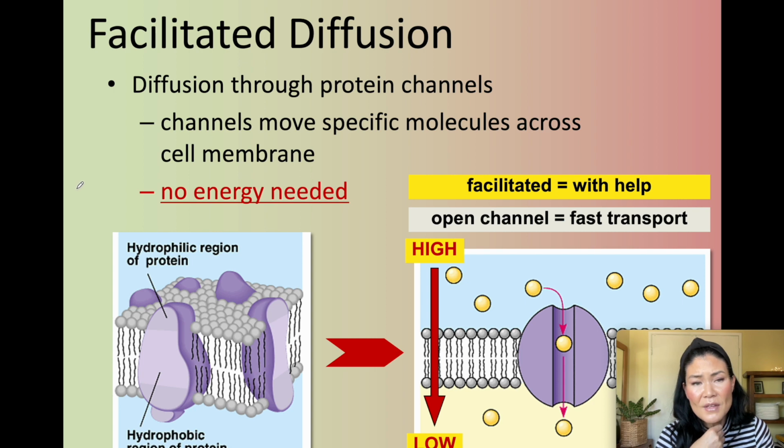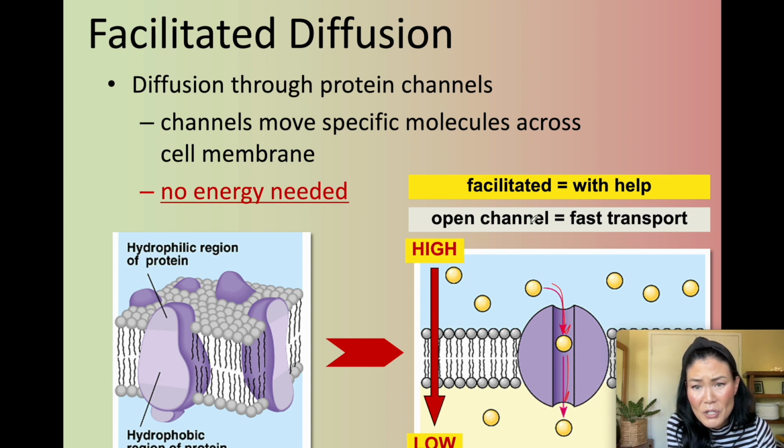Facilitated diffusion. This is movement of molecules from high concentration to low, but if it's a polar molecule, it cannot go through the phospholipid bilayer alone. It has to go through a transport protein, or membrane protein. So if I have a lot of molecules on this side of the membrane, they're gonna be facilitated, or helped, to go from this high concentration to a lower concentration area through a transport protein.